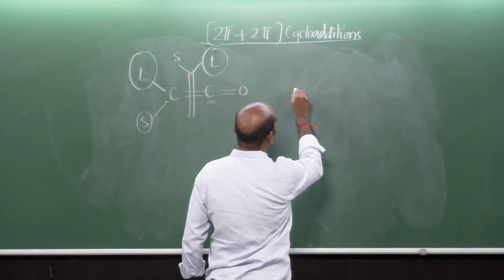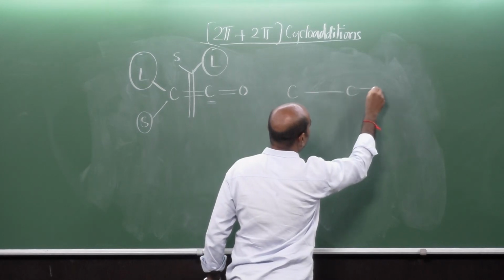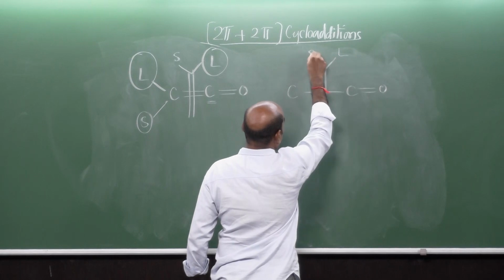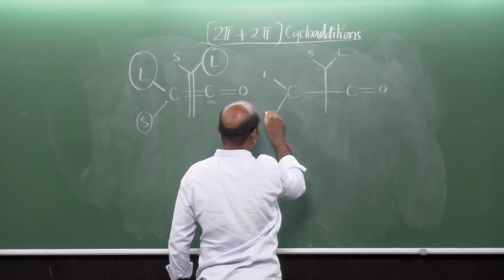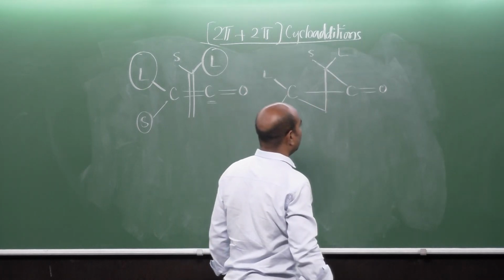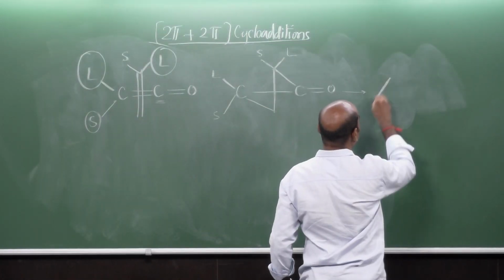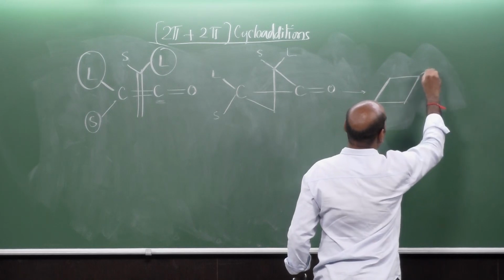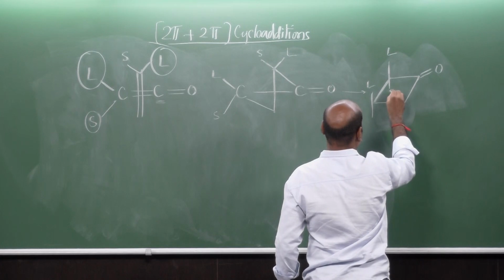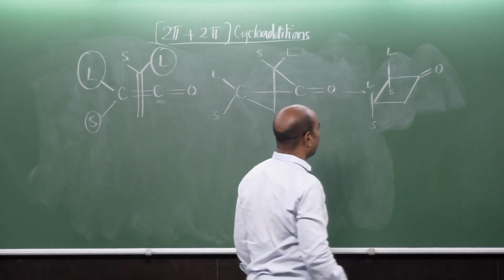Later, what happens? C double bond O will connect with this carbon atom this way. So, it results in the formation of a cyclic adduct molecule like this, right.